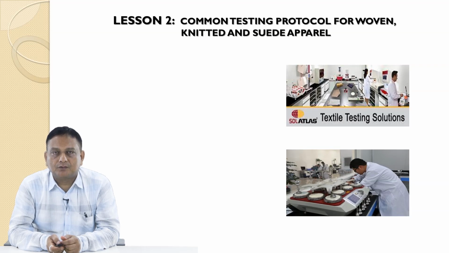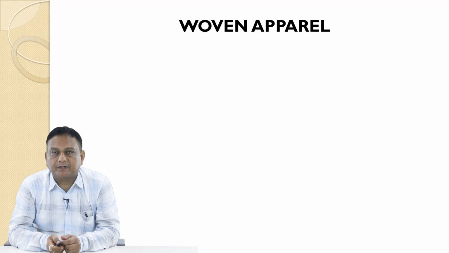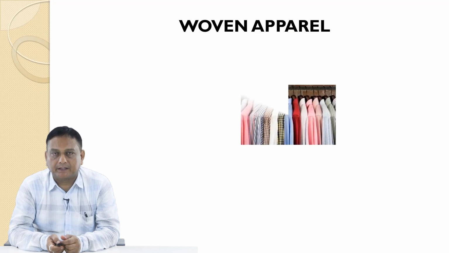So today in lesson 2 we will cover woven, knitted and sewed or leather apparel, and what testing is to be covered in those different kinds of apparel, and the different instruments or test methods which are incorporated into it. So with this introduction, let us see what lesson we get from woven apparel, knitted apparel, or sewed or leather apparel.